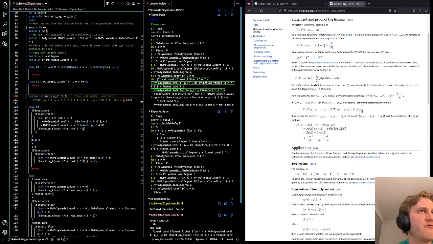So I have P. What is this saying? If I evaluate P with the variable assignment R, so I'm filtering certain variable assignments.